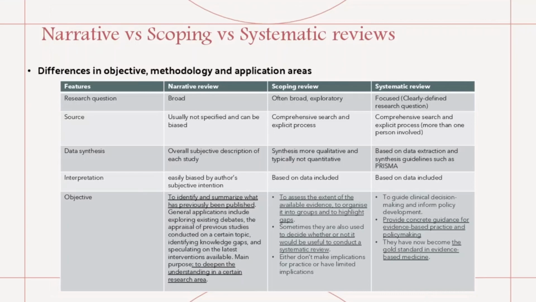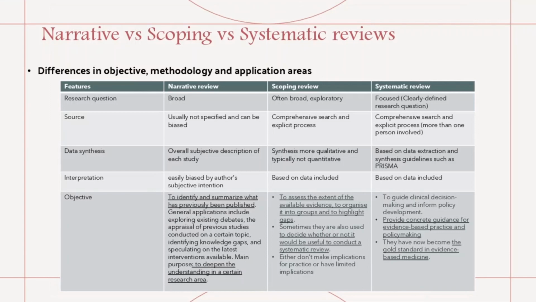The objective of a scoping review is to assess the extent of the available evidence, to organize it into groups, and to highlight gaps. Scoping reviews can also be used to decide whether or not it would be useful to conduct a systematic review. And one of the caveats is the fact that they don't make implications for practice, and they have limited implications.